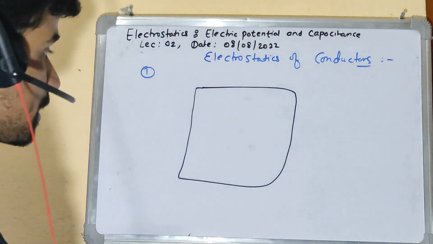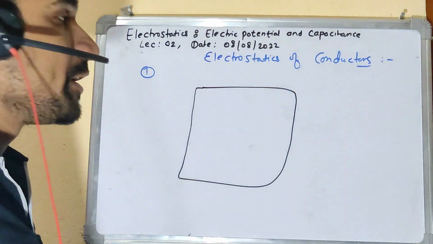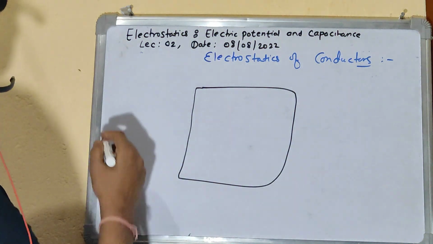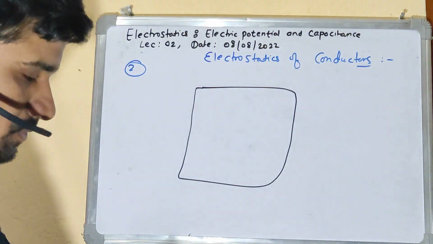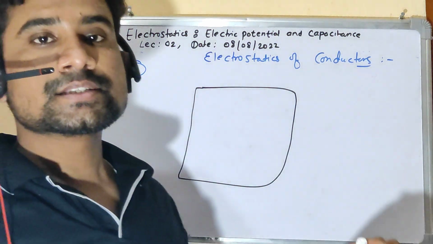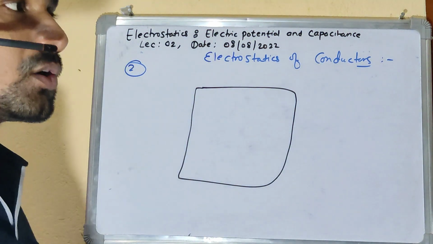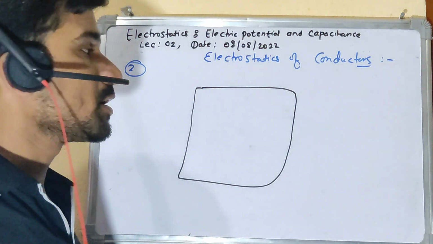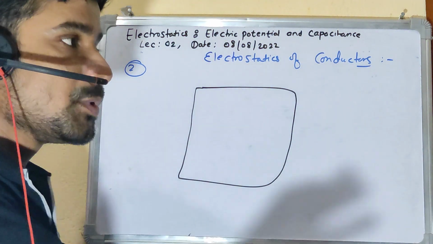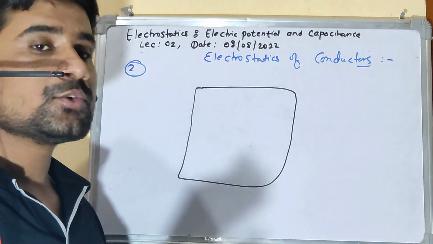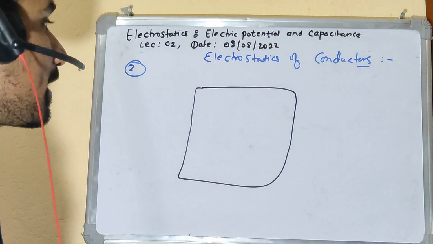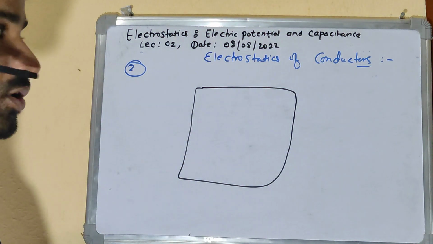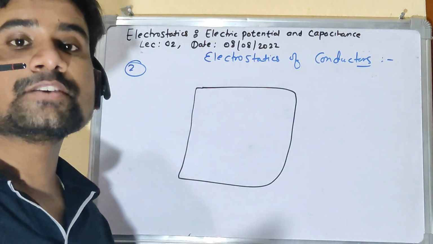Now, if I talk about field lines, electric field lines will always be perpendicular to the surface of the conductor. Before dealing with electric field lines, we need to understand that the electric potential inside a conductor or at the surface has the same value throughout.